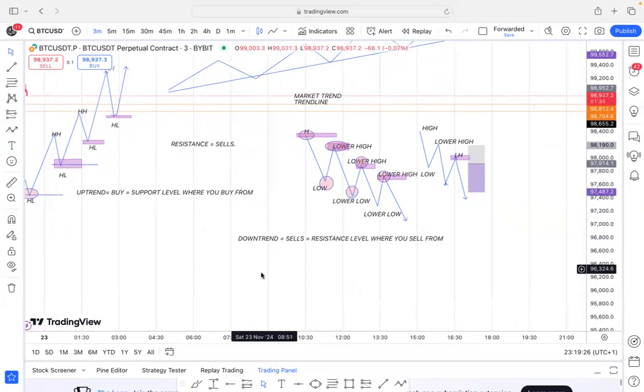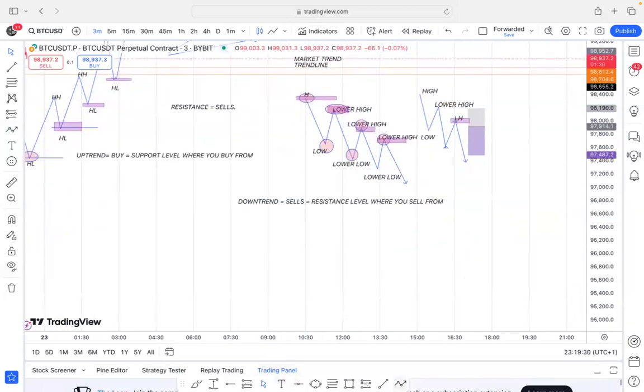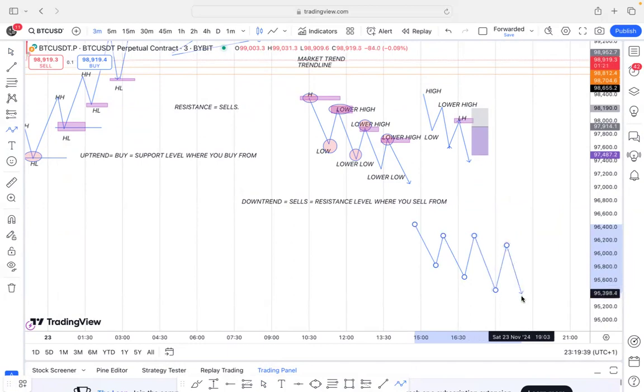Okay, so let's go over it again. So, downtrend, right? We know the way price moves in the downtrend: low, high, low, high, low, high, low.